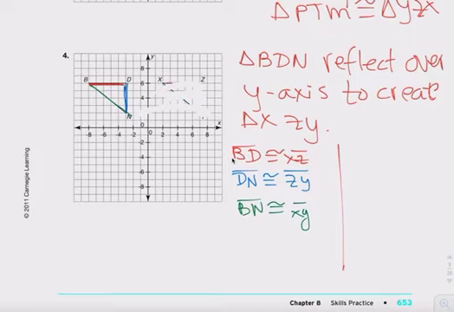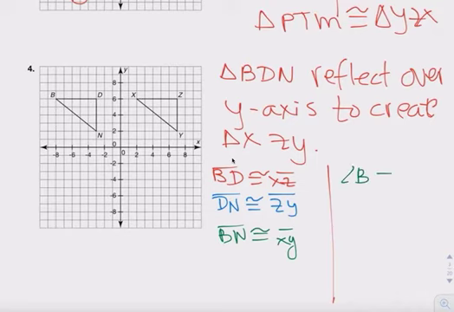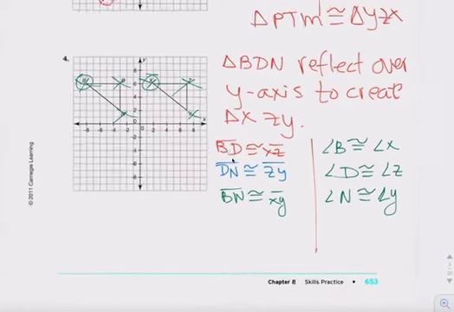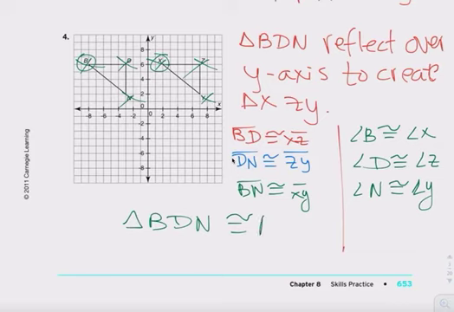Angles: angle B is congruent to its corresponding angle, angle X. Angle D corresponds to angle Z, so it's congruent to angle Z. N corresponds to Y, angle N is congruent to angle Y. And we can say that triangle BDN is congruent to triangle XZY, that's the statement here.